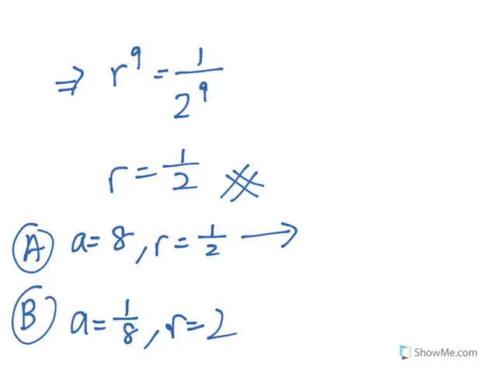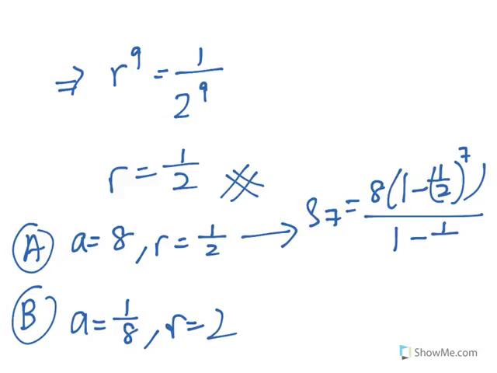So the sum of 7 terms will just be a times 1 minus r to the power of 7 terms, over 1 minus r. You will actually get this to be 2 power 7 minus 1 over 8.